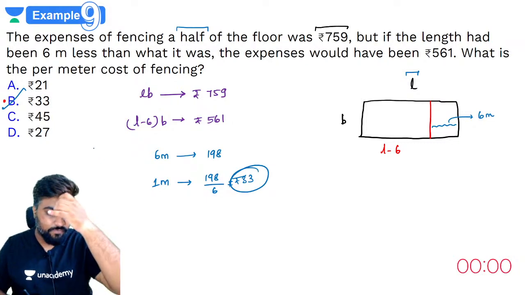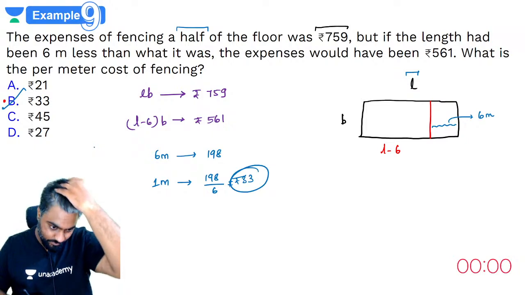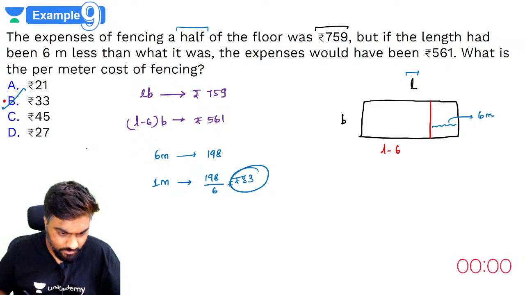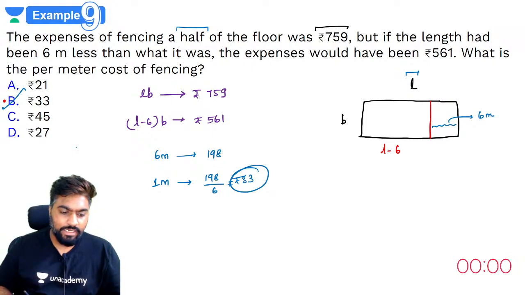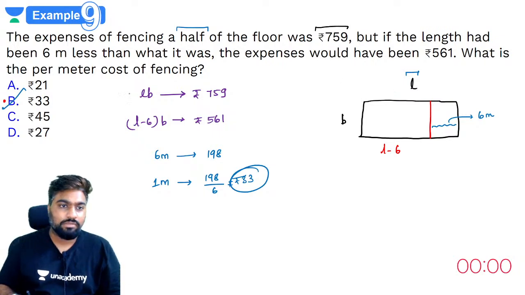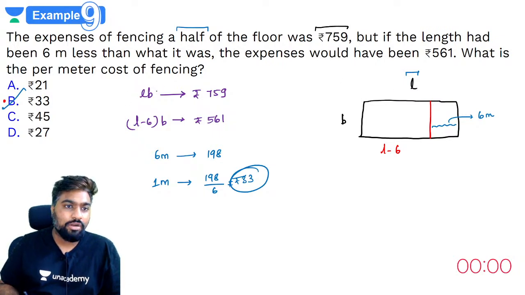Whether it's half, it doesn't matter half or what, right? Moreover, actually this is not area. I'm not using area. Length into breadth नहीं लिख रहा हूँ, given length and given breadth लिख रहा हूँ. ठीक है.